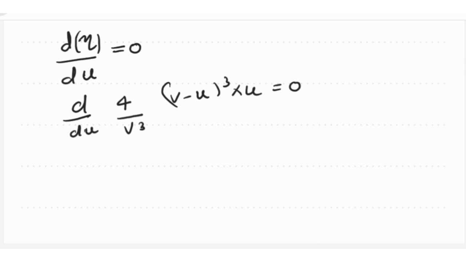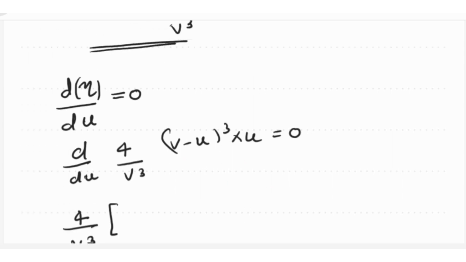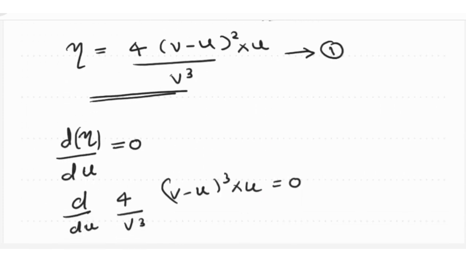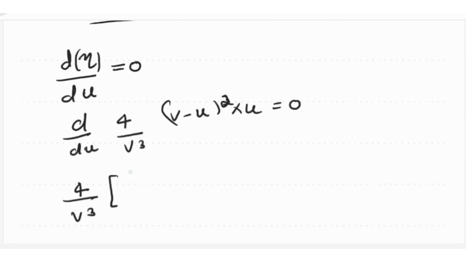So I will take these things outside, 4v cube into, so if I derive v minus u, it is not a whole cube, this is whole square, v minus u whole square into u.